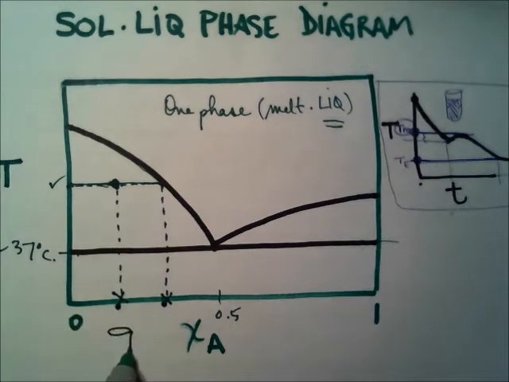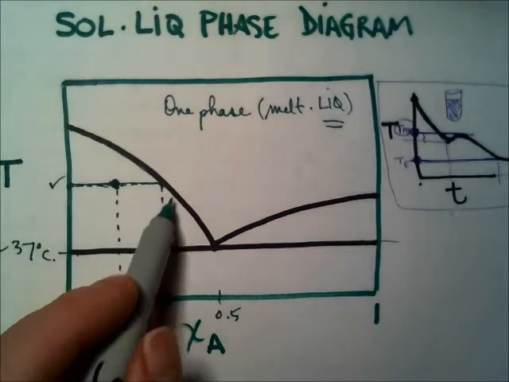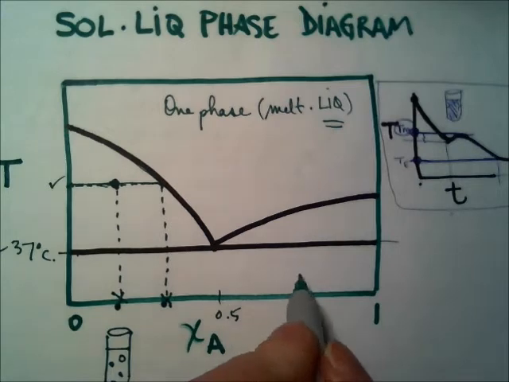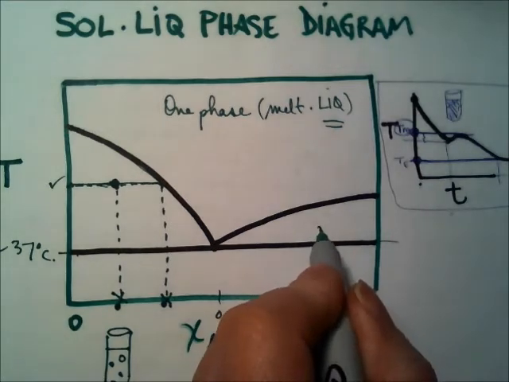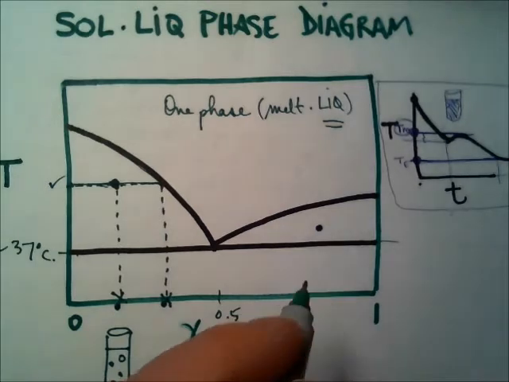So it would look, okay, slush, so there's some solid pieces in a liquid. The solid pieces are pure B, and the liquid is this composition. Got it? Let's take a point over here. What is in the tube?